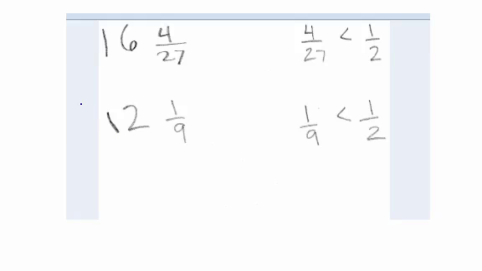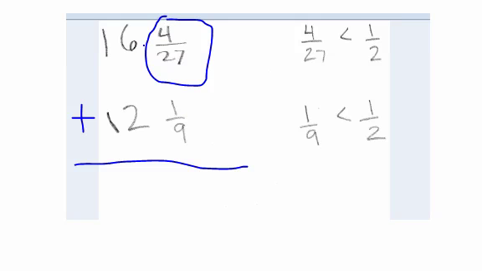Now let's look at another example. Let's say we were given this problem where we have 16 4/27 plus 12 1/9, and we were asked to estimate a sum. We know how to get an exact answer here, but let's look at estimating. When we estimate our answer, we look at the fraction part. 4/27 is less than 1/2 because 4 is less than half of 27, and 1/9 is less than 1/2.